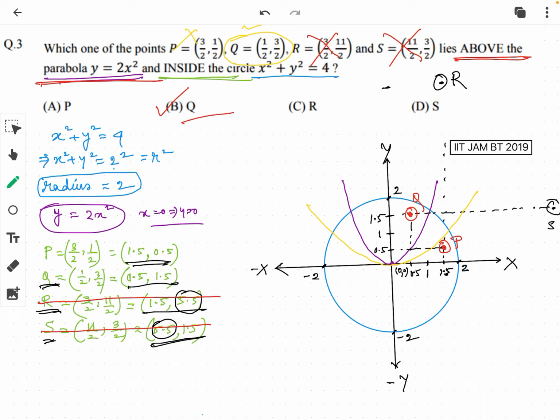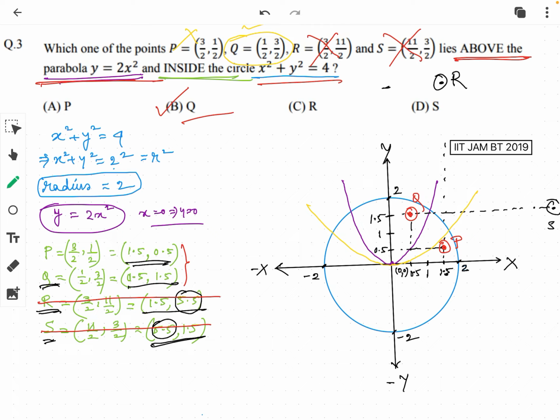So I hope you could understand, and there is another way to check this, by putting this half and 0.5. If we put this P and Q in the equation of the circle, let's see what we get.